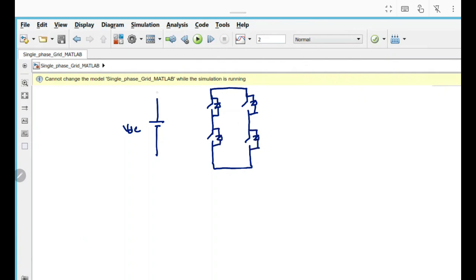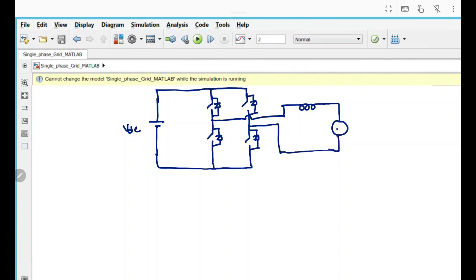We are using IGBT, and further that is connected with the interfacing inductor, that is the filter inductor, to smooth the current ripple, and we have the AC source, that is VG, and this VG is considered as 230 volts at 50 Hz frequency, and this is the IG current, and VDC is considered as 400 volts. For this we have 4 switches: S1, S2, S3 and S4.